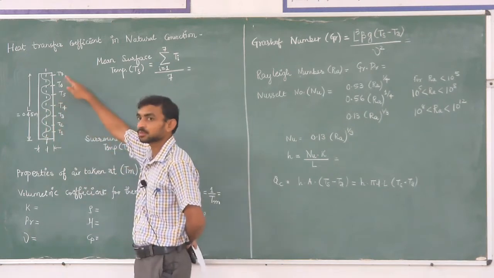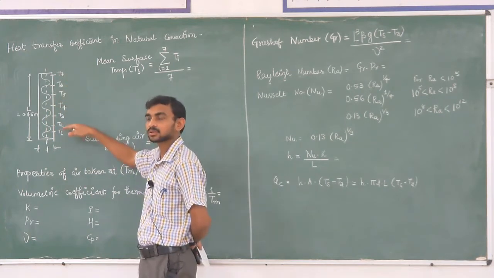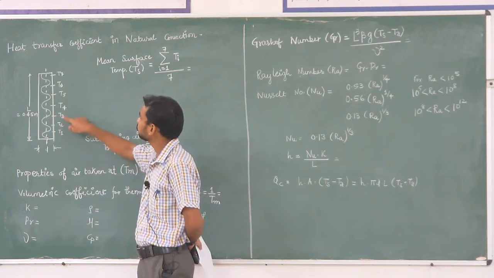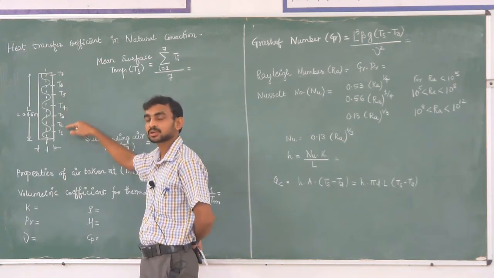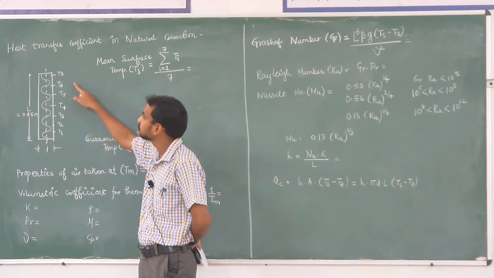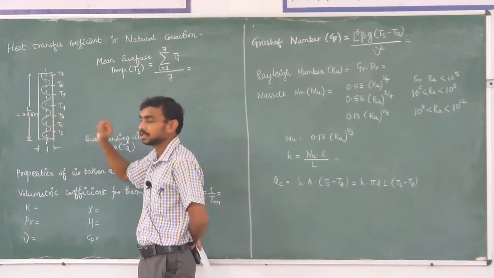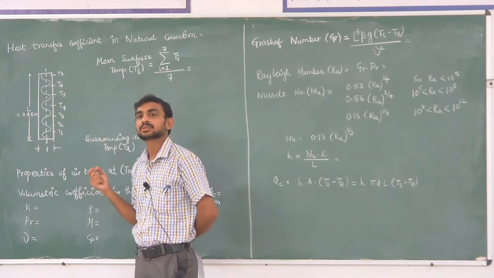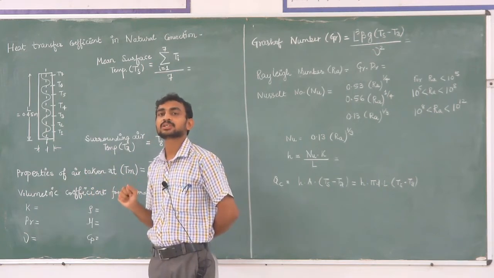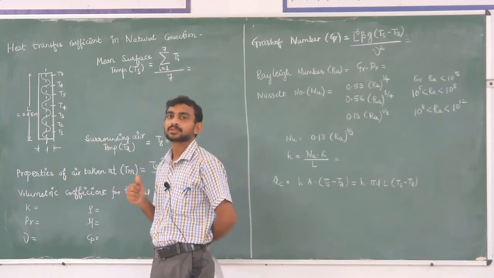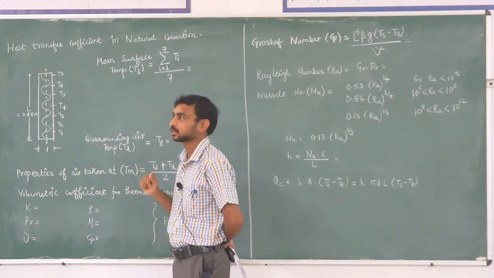There are 7 thermocouples placed on the outer surface of the tube, T1 up to T7, and the eighth one is hanging in the air to determine the ambient temperature of air inside the enclosure.